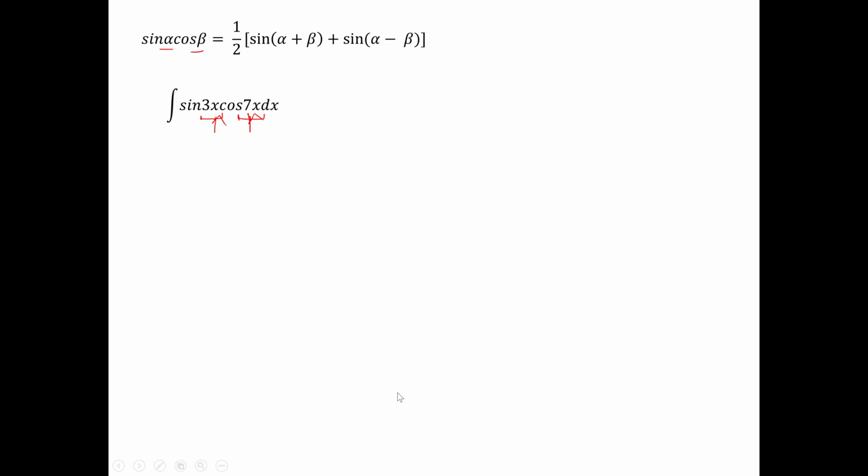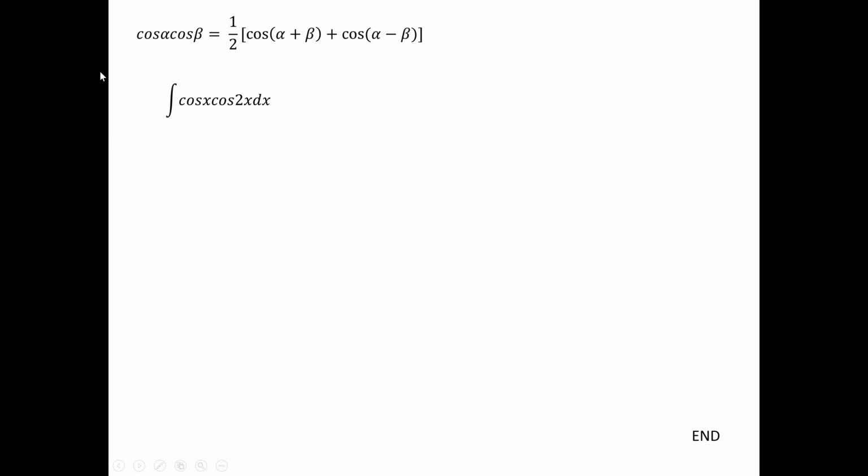And be careful here, sine and cosine both carry power 1, okay, two ones. It's not a high power thing. Okay, so my first step is to find alpha and beta. Go back to my formula. Alpha equals 3x, beta equals 7x, right?